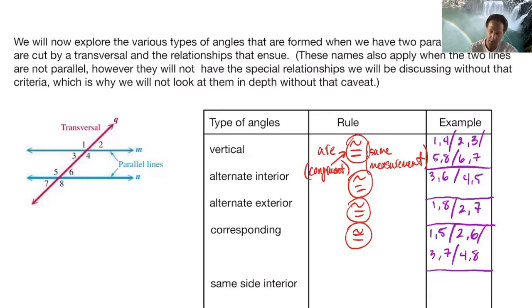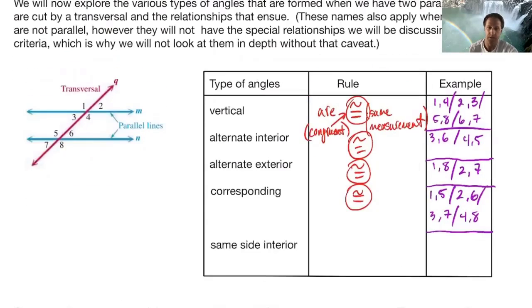All right. So the last type that we're going to look at is what is called a same side interior. So no longer are we having to alternate, but we are still on the interior. So still looking at angles 3, 4, 5, and 6, but this time we're on the same side of the transversal. So you guessed it, angles 3 and 5 and 4 and 6.